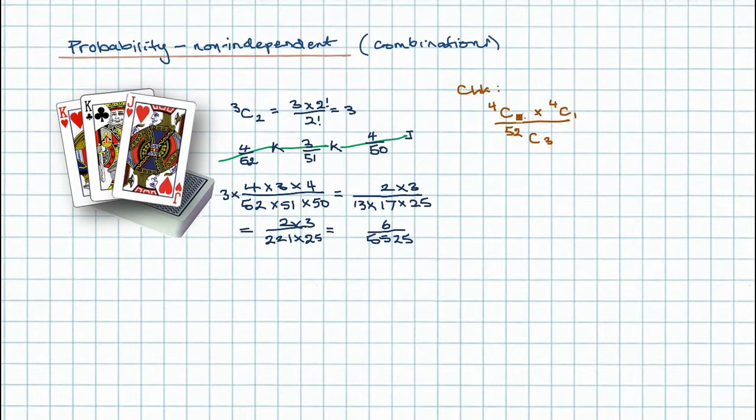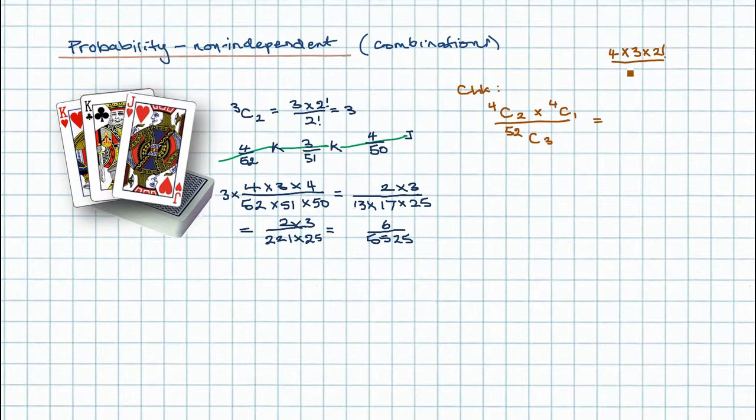Okay, the 4 choose 2 and the 4 choose 1 are the easiest, so I'm going to start with that. So we've got 4 choose 2. That's going to be 4 times 3 times 2 factorial in the numerator, because in the denominator I'm going to have n minus r, so that's 2 factorial, and r, which is also 2 factorial.